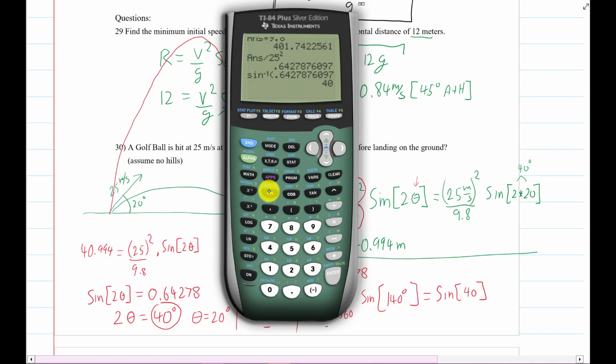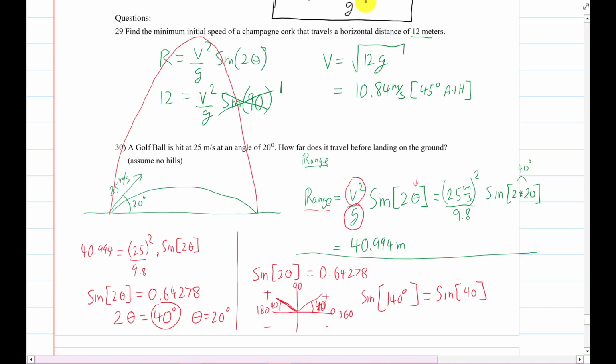The sine of 140 is also that same number. So this is another solution. And if this is 2 theta, that means 70 degrees here and 20 degrees here. Solve it.